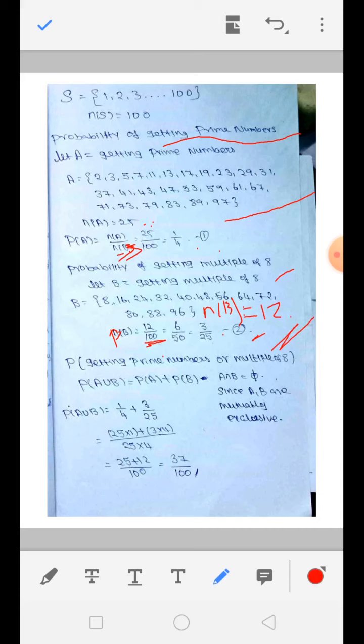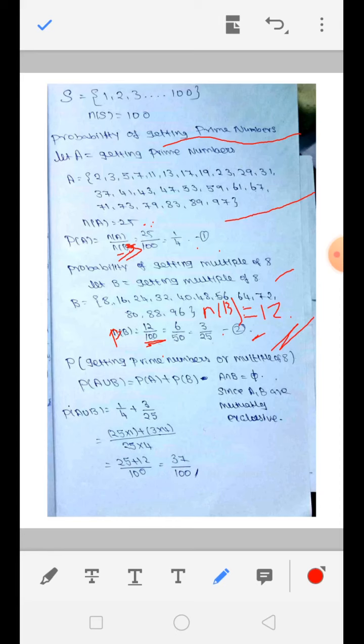But in the question they are mentioning the probability of getting prime numbers or multiple of 8. So we want to find the probability of getting prime numbers, A, or multiple of 8, B.